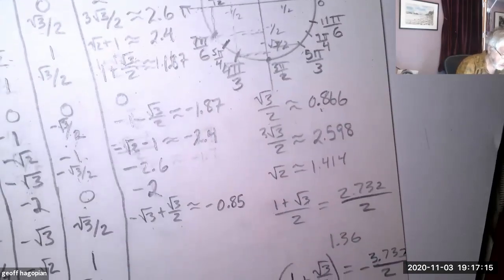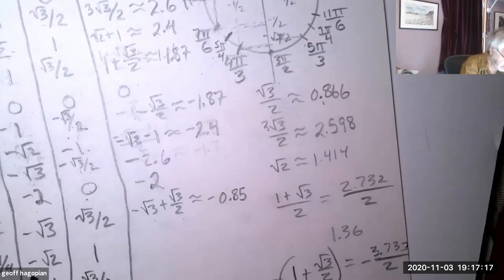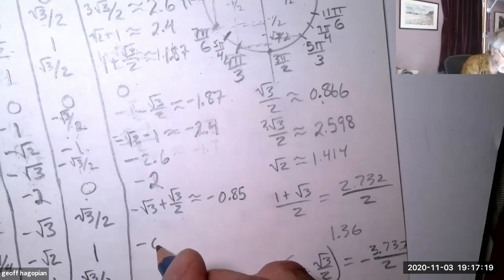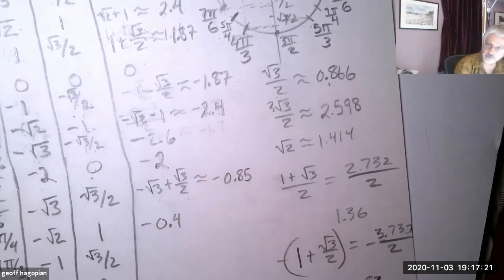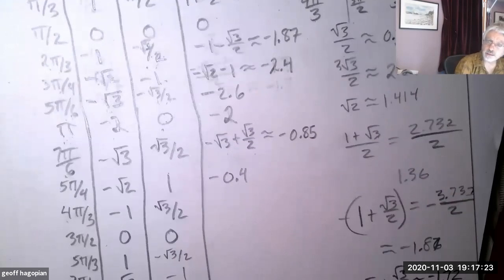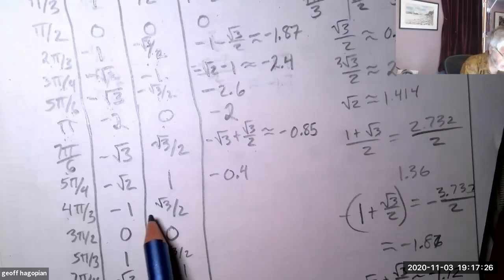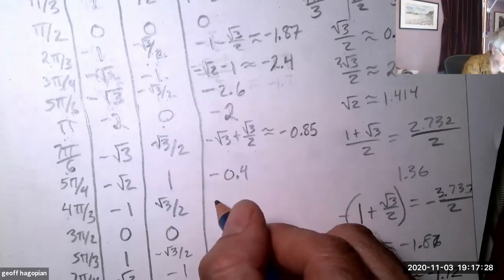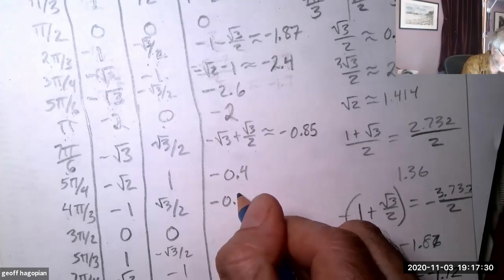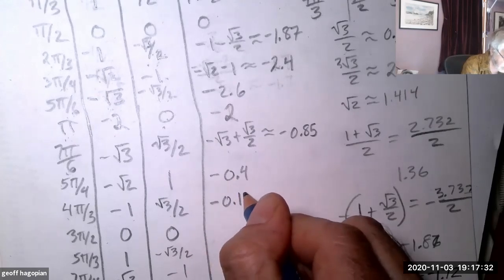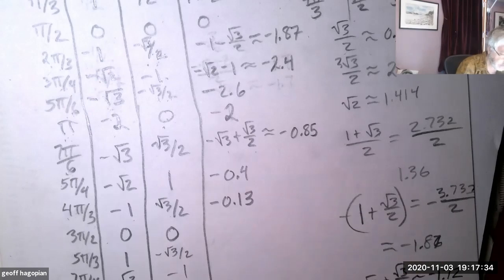Okay. And then 1 minus negative 1.44, that's going to be negative 0.4 roughly. And negative 1 plus 0.866 is going to be negative 0.13, shall we say?